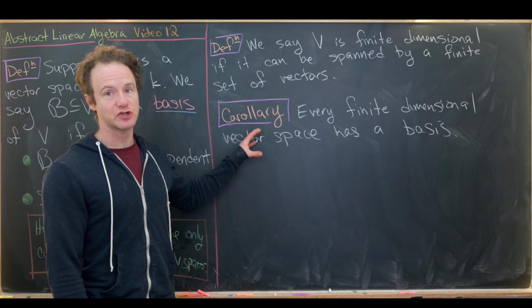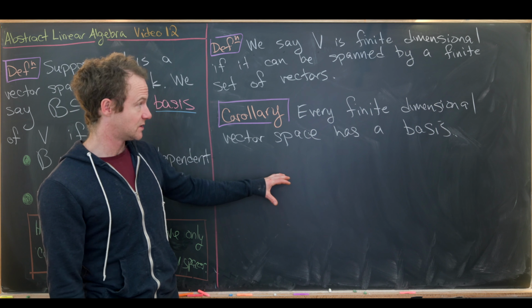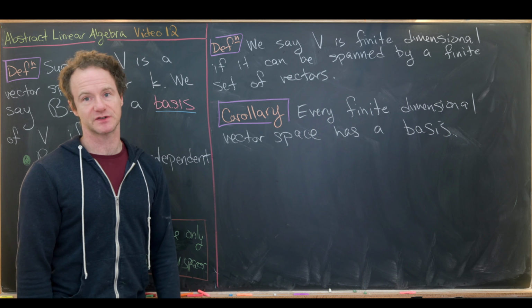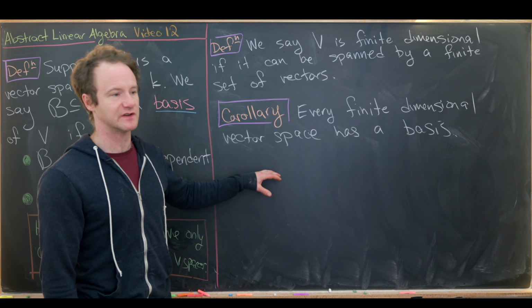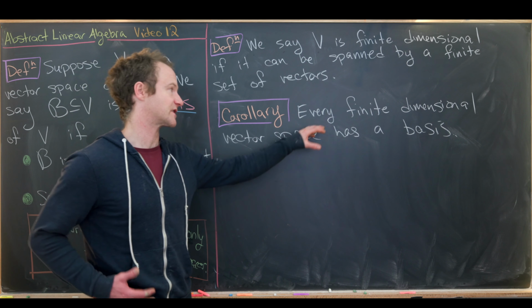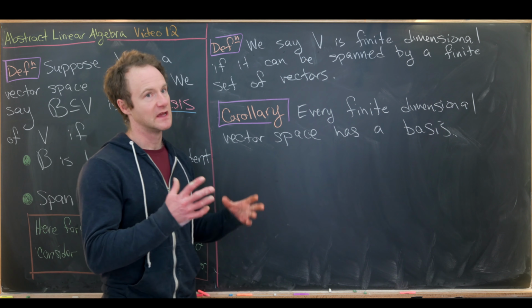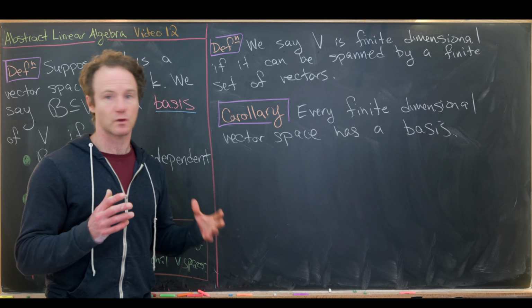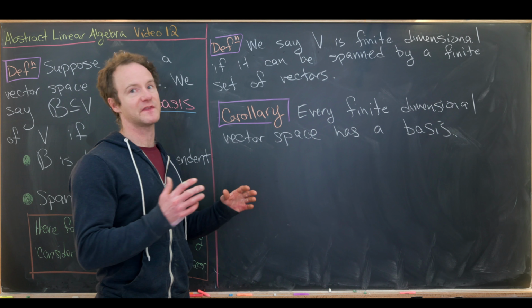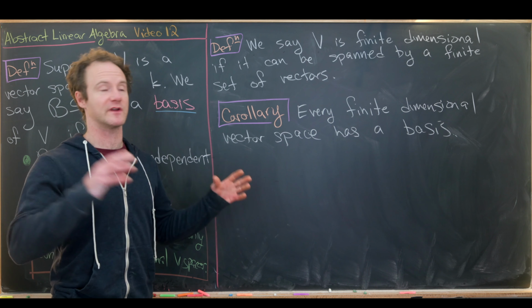That means there's a notion of a dimension to every finite dimensional vector space. And I know I'm using the word dimension for the number of elements in the basis and finite dimensional for being spanned by a finite number of vectors. And the word dimension is being used twice there, but you can think about these concepts as two separate things.